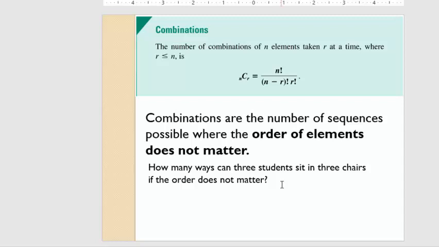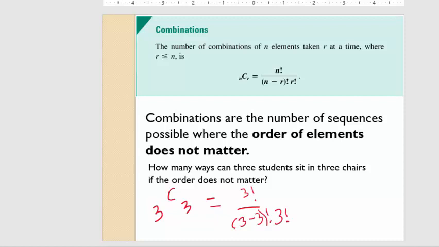So if I switch 2 students around, that's still counted as one sequence. So if I was going to set this up using the combination notation, that is going to equal n factorial, so 3 factorial, divided by 3 minus 3 factorial times r factorial, which is 3 factorial.